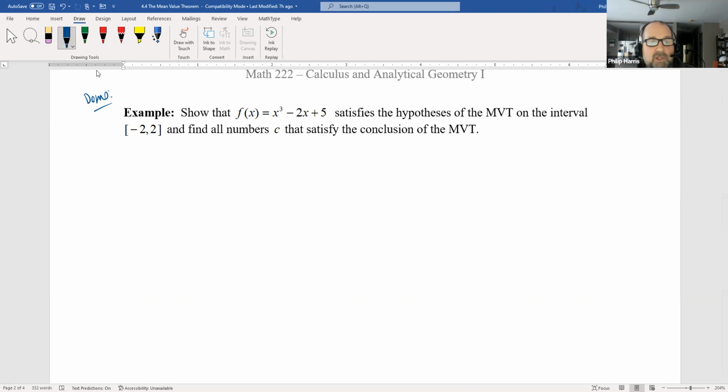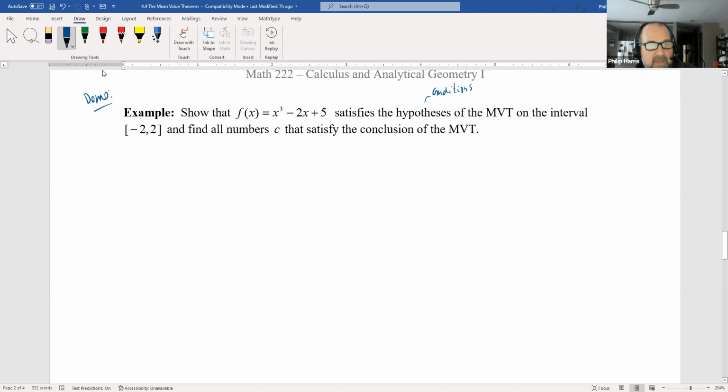The question is, show that this function satisfies the hypotheses of the mean value theorem on the closed interval from -2 to 2. If this function satisfies the hypotheses, the conditions if you will, of the mean value theorem, then the conclusion must be true. And that is that a c number exists somewhere where f prime of c is equal to the secant slope.